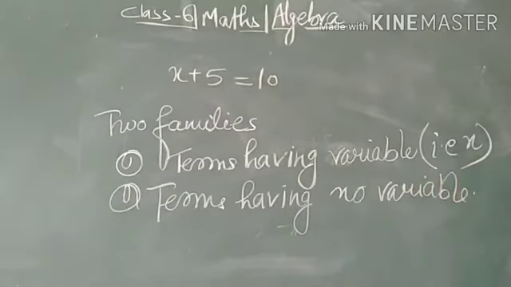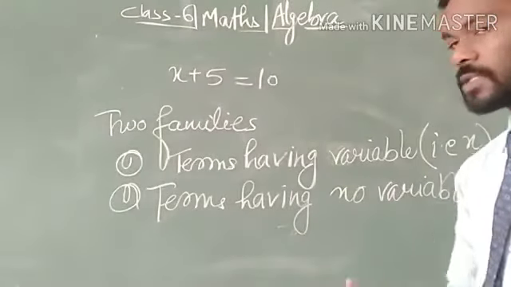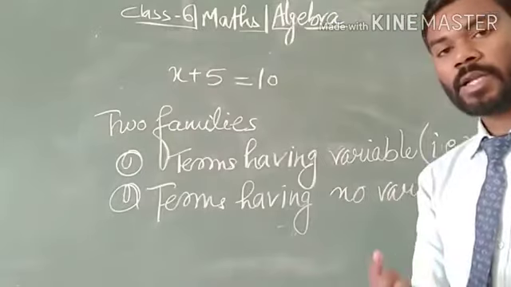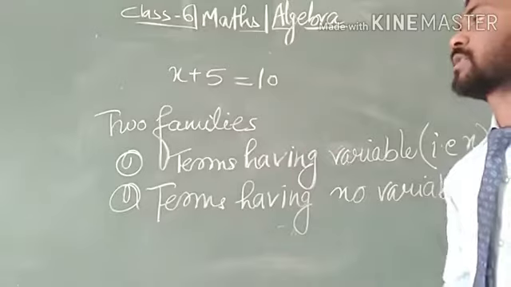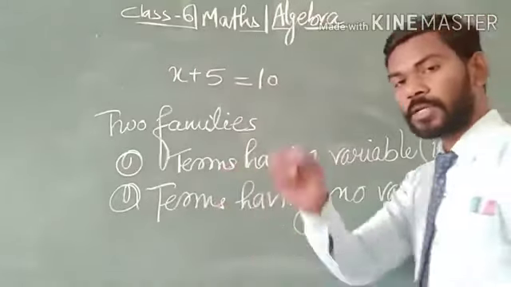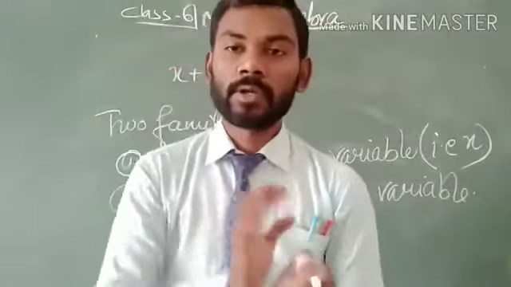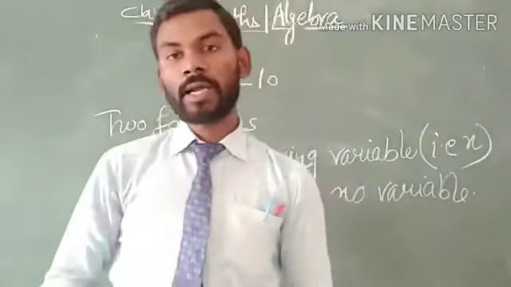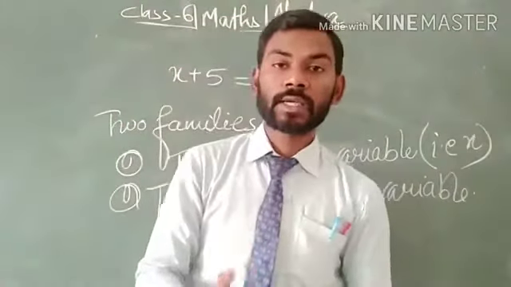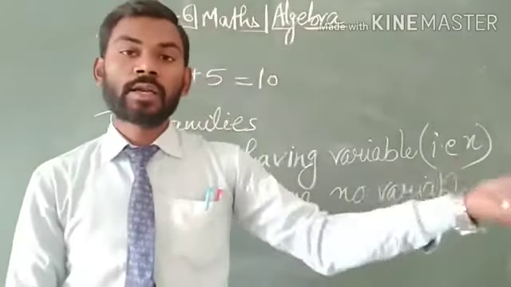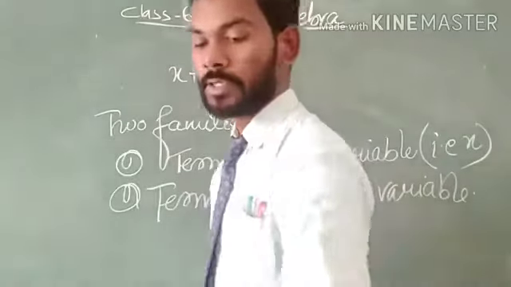Okay, so after deciding which terms have a variable and which have no variable, we shall transfer them to either side. We shall transfer the terms having x, that is the variable, to the left hand side, and we transfer the terms having no x, that is constants, to the right hand side, and then we can easily find our solution.